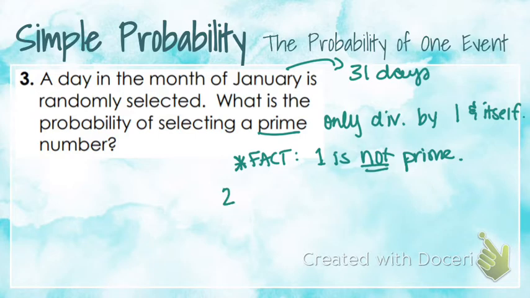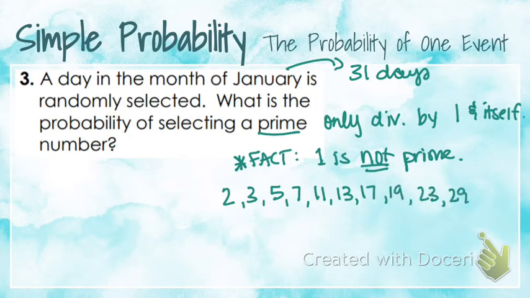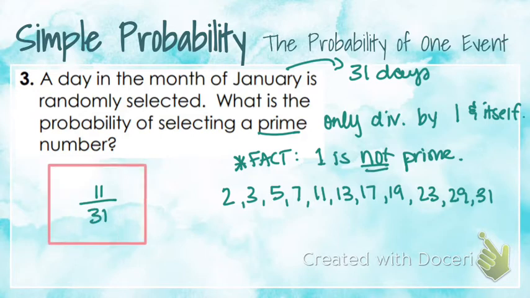It's only divisible by 1 and 2. 3 is only divisible by 1 and 3. 4 is also divisible by 2, so that doesn't work. But then we have 5, 7, 11, 13, 17, 19, 23, 29, and 31. So there are 11 prime numbers out of 31 days in January.